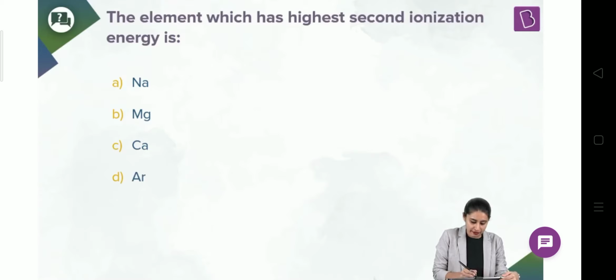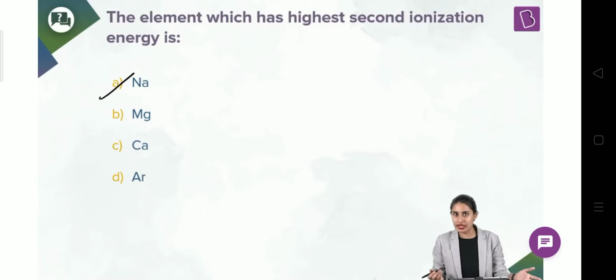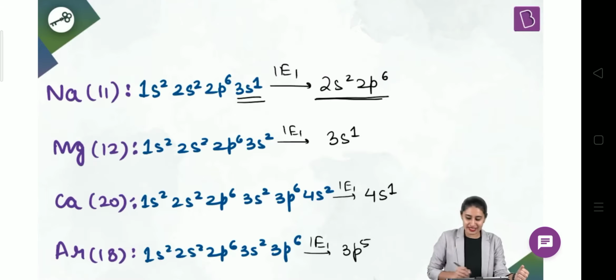So we have the right answer as option A, of course, because it now has a noble gas electronic configuration, and removal of an electron will be very, very difficult, not just because of the fully filled orbitals, but also because of the high penetration of 2p, right?